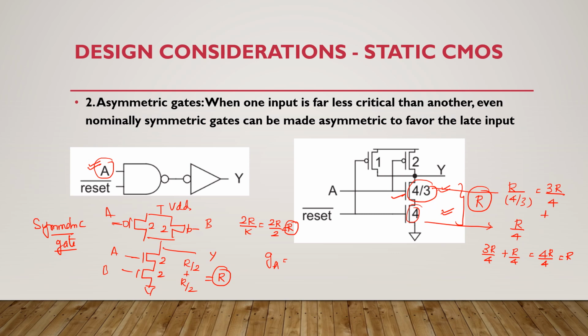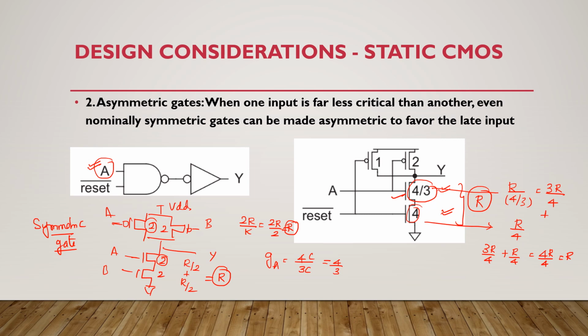Both have a width of 2, thereby the total capacitance at input A is 4C. The logical effort formula is the input capacitance of this gate divided by the input capacitance of the inverter. The inverter always has a capacitance of 3C. So 4 by 3 is the logical effort of this one.